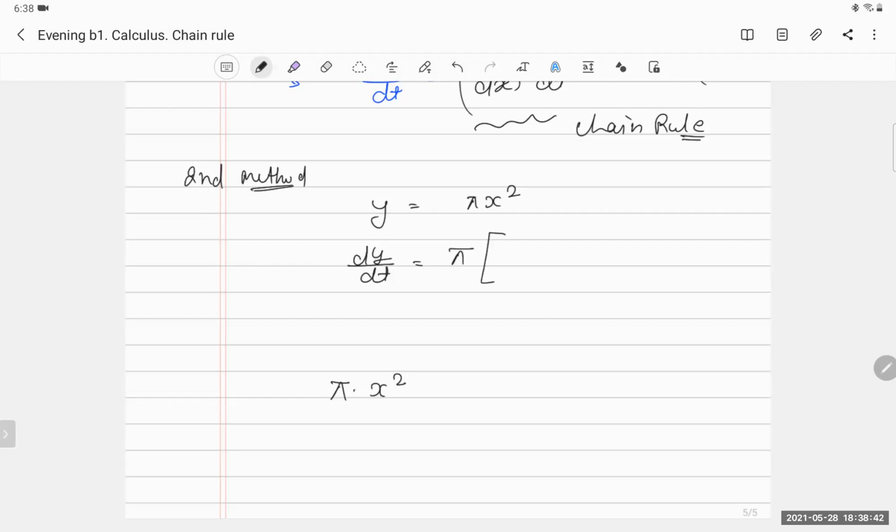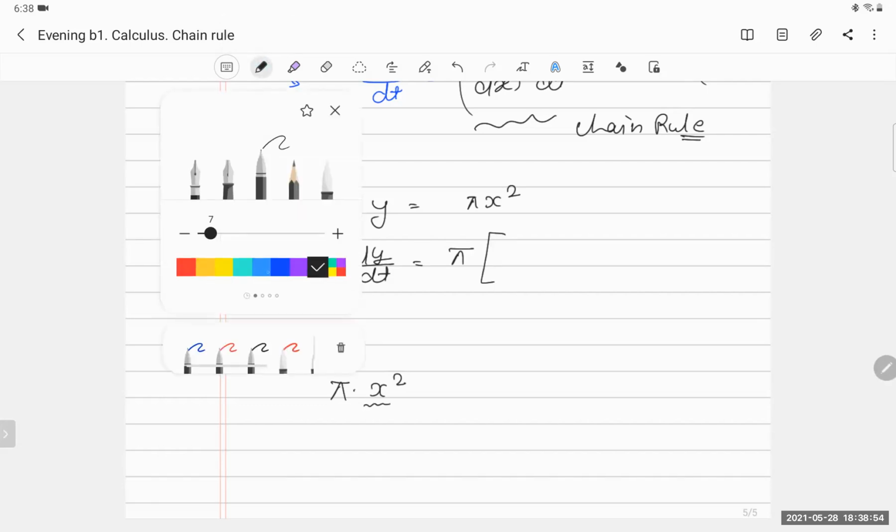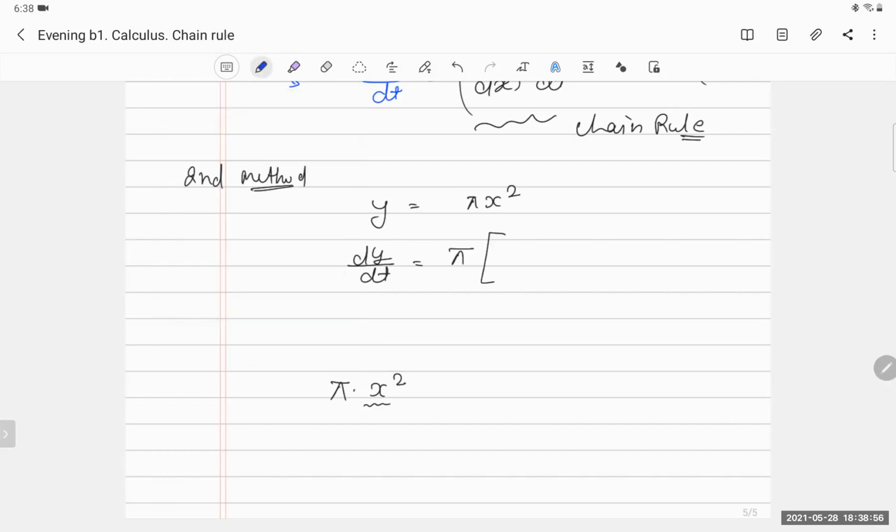Now, what is this function? Something square. What is the derivative of a square? 2 into that function or that variable. It can be anything. So whatever is inside it, fine. So 2 into x. Now my square is over.